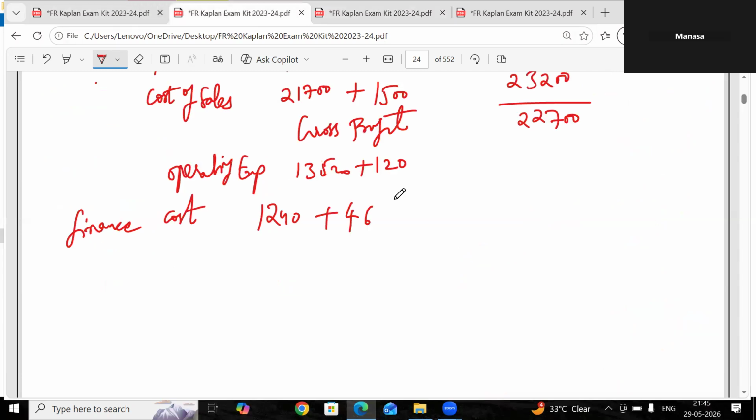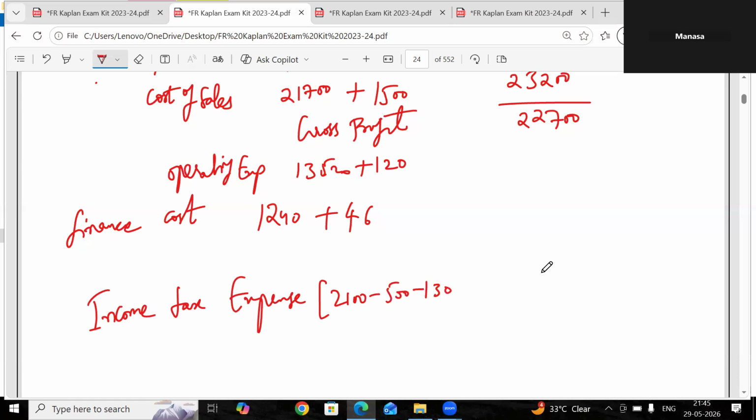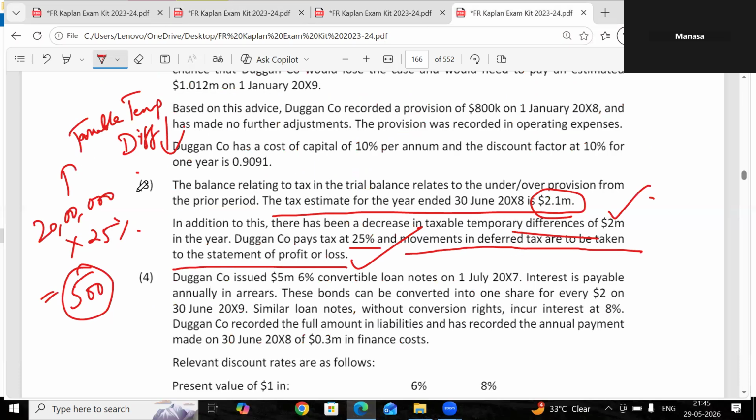So we will adjust this here. So income tax expense 2100. Okay. So this adjustment also is completely done. So 3 adjustments are totally done. No need to look at them.